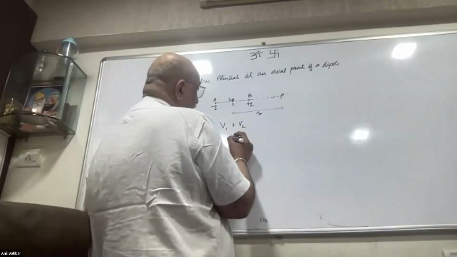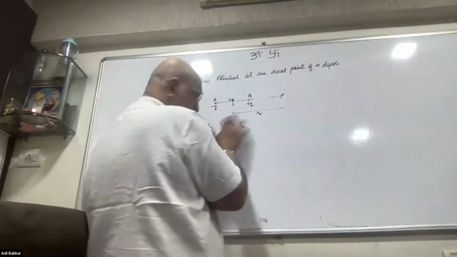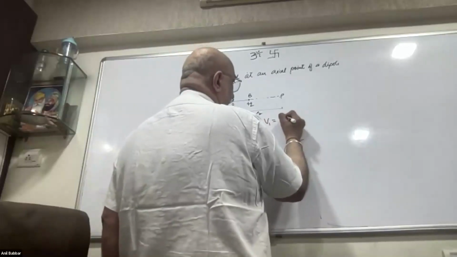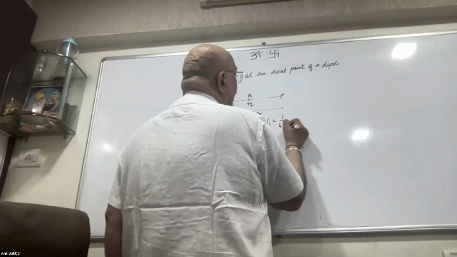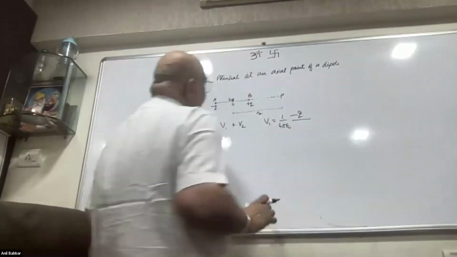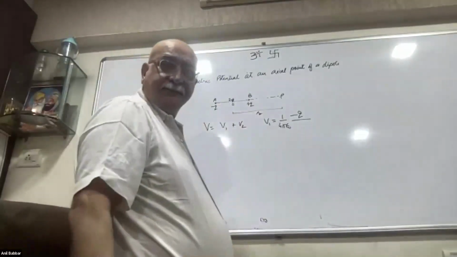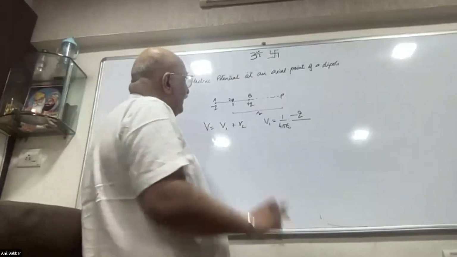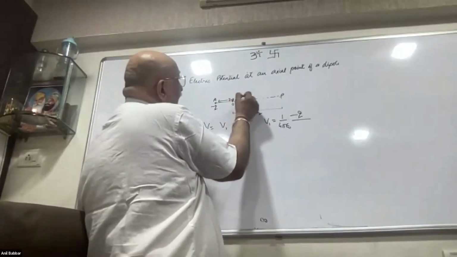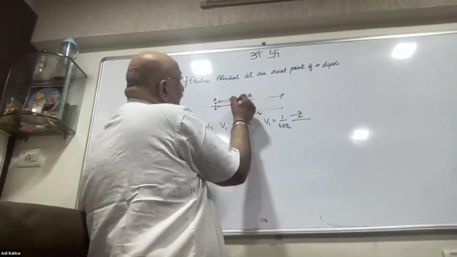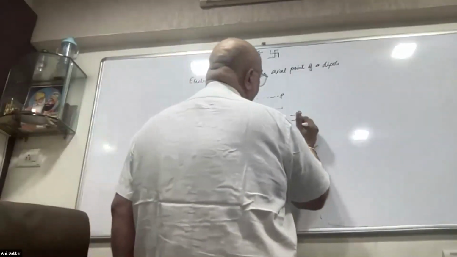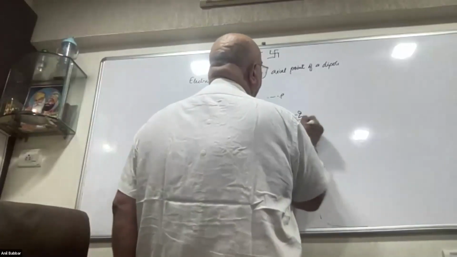V1 is equal to 1 by 4 pi epsilon naught into minus q. This distance is R plus A, because the length of this dipole is 2a. So this part is only A, this part is also A. This is A, this is A, right? So V1 is minus q by R plus A.